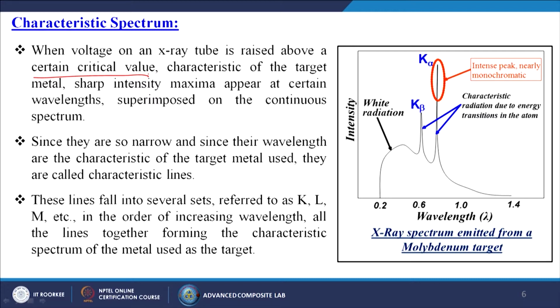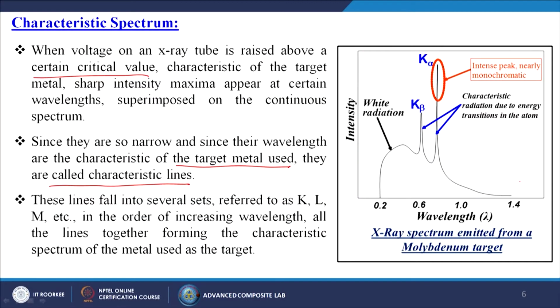Since they are so narrow, and since their wavelengths are characteristic of the target metal used, they are also called characteristic lines. These lines fall into several sets referred to as K, L, M. These are all shells, in the order of increasing wavelength, and all the lines together form the characteristic spectrum of the metal used as the target.